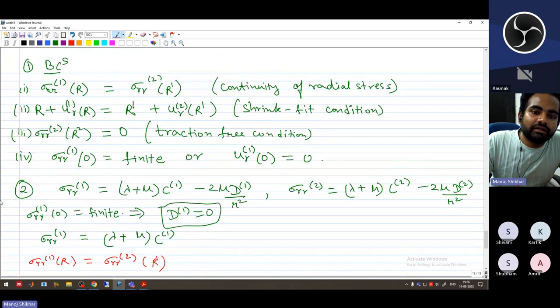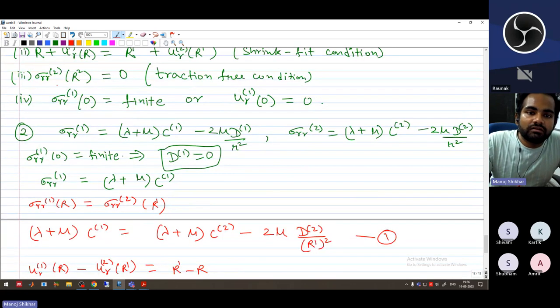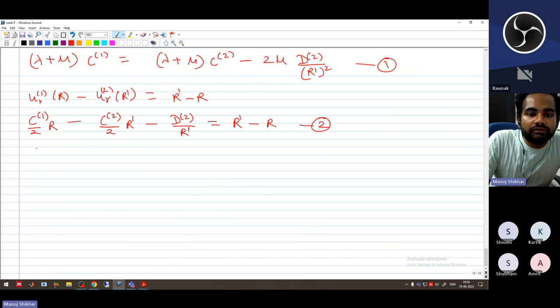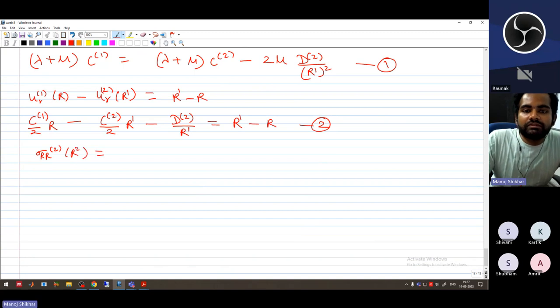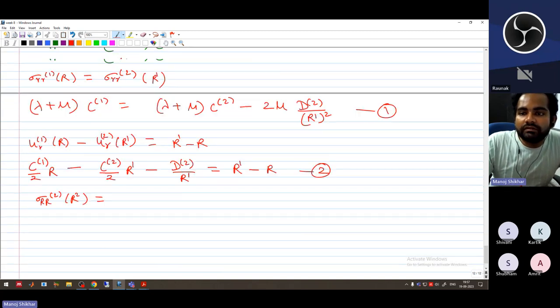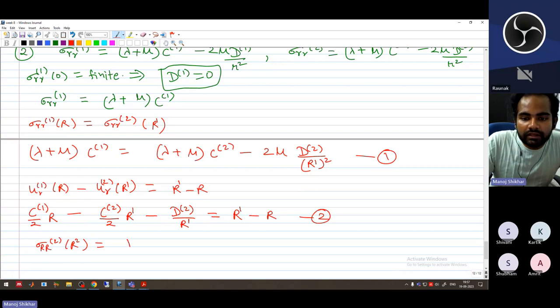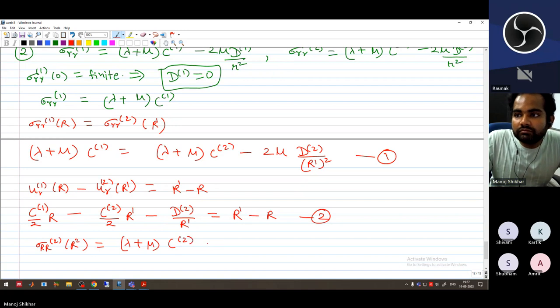And we have another boundary condition here, sigma RR2 at R2 equal to 0. If we apply it, this will be lambda plus 2 mu times C2 minus 2 mu D2 by R2 squared equal to 0.